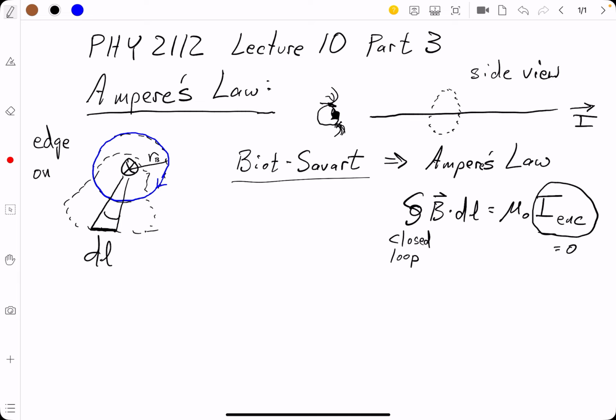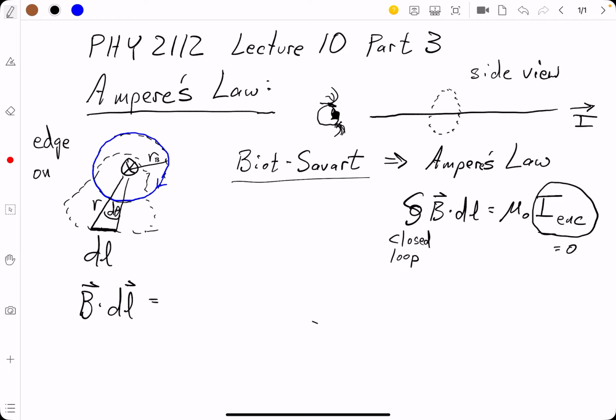It's going to subtend some angle d theta, and there's some radius r associated with that. So let's look at what we have here. We really want to get B dot dl, right? So that's fine.